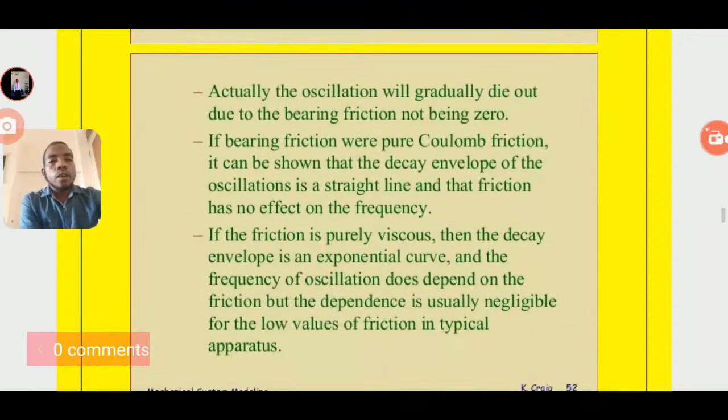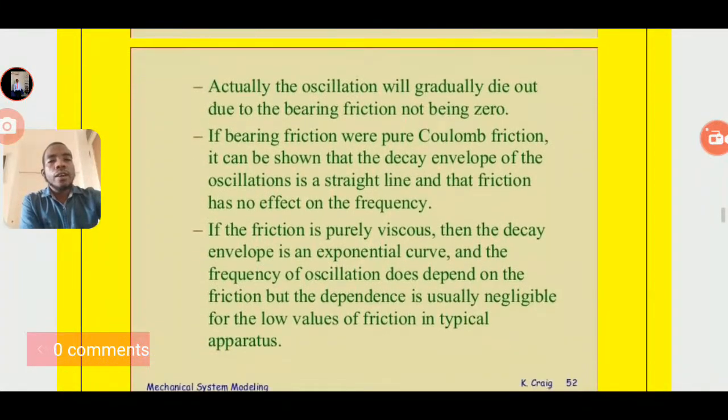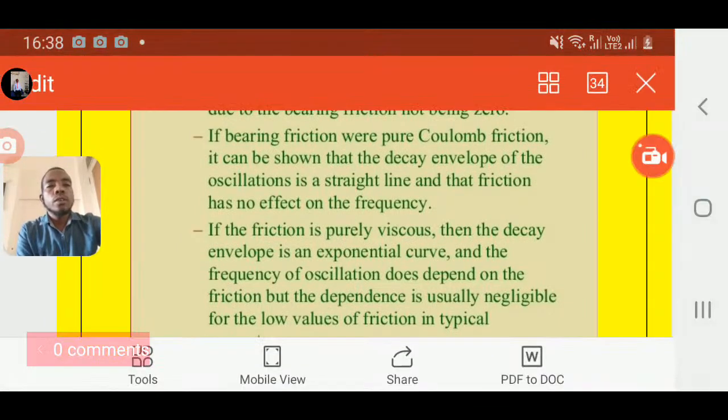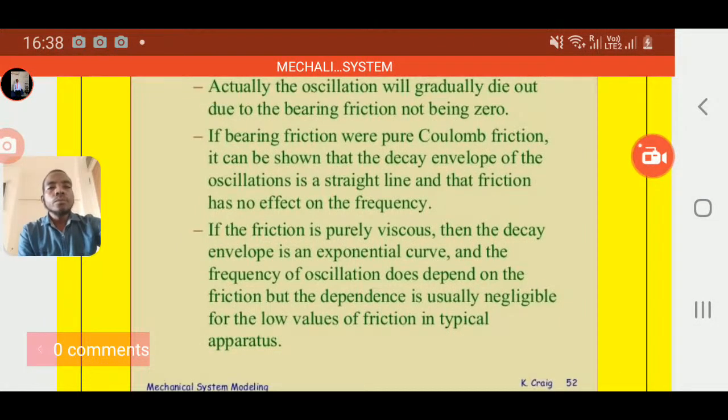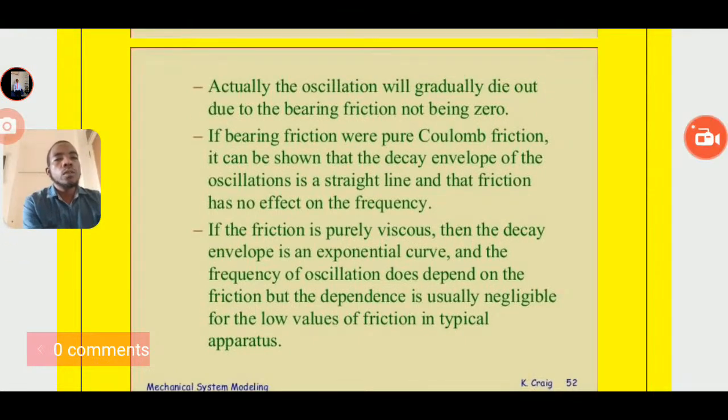When we do this, the oscillation will gradually die out due to the bearing friction not being 0. If the bearing friction were pure Coulomb friction, it can be shown that the decay envelope of the oscillation is a straight line and the friction has no effect on the frequency.